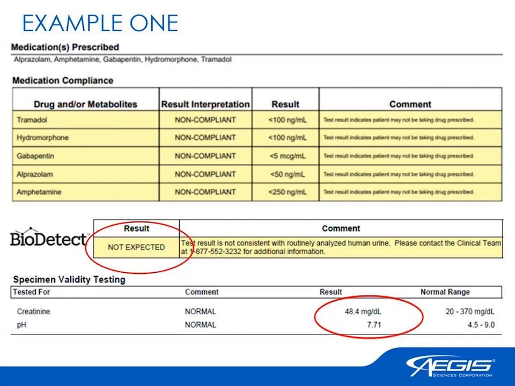One thing I did want to mention, because this will occasionally happen and our team gets questions about it, is we will get a not-expected BioDetect. So you know that what was in the urine cup was not urine, but we will still see substances, things like cocaine or methamphetamine present in the sample.